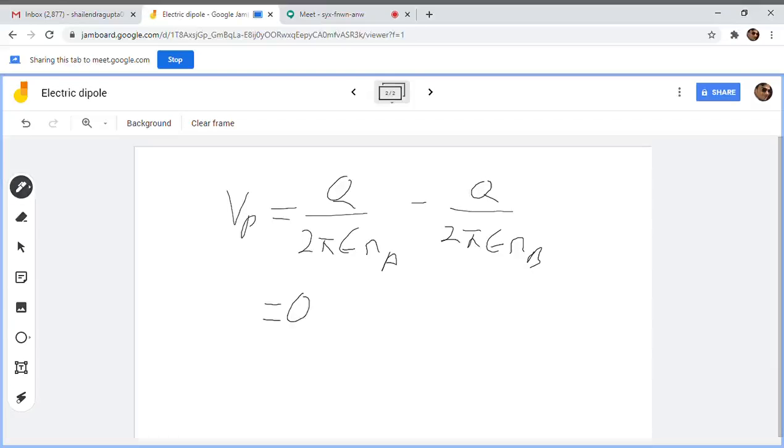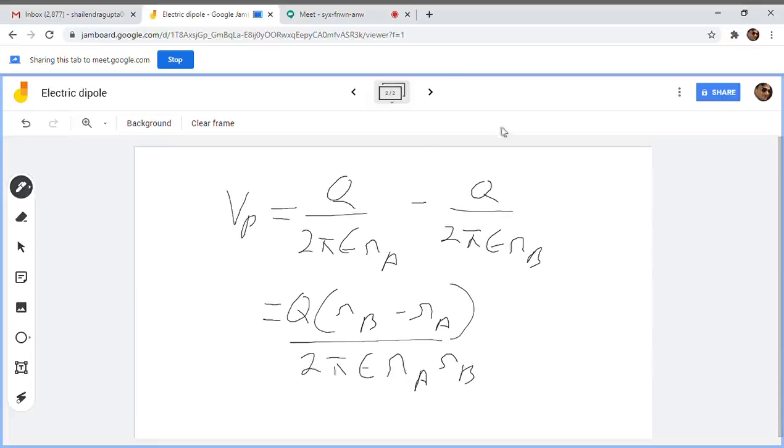If we calculate this, then this will be (r_b minus r_a) divided by 2 pi epsilon r_a r_b. Is this good? This should be good.